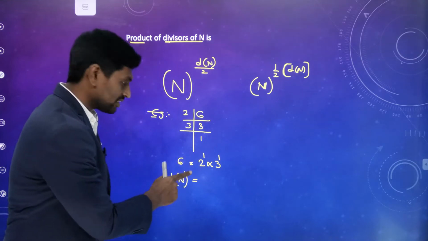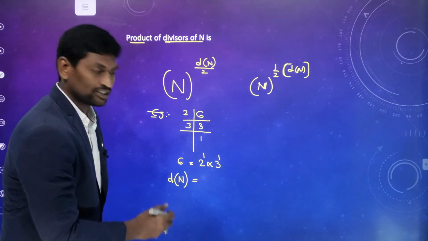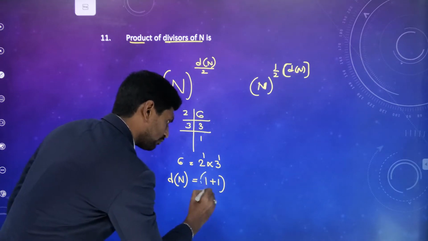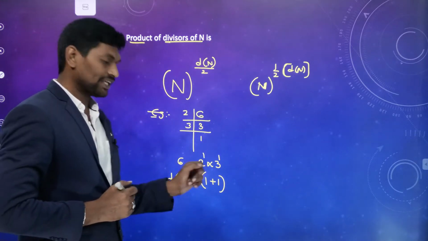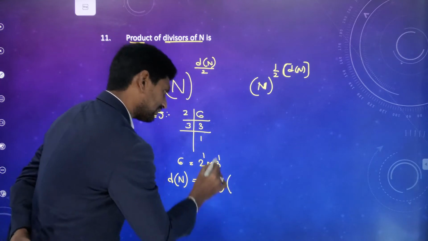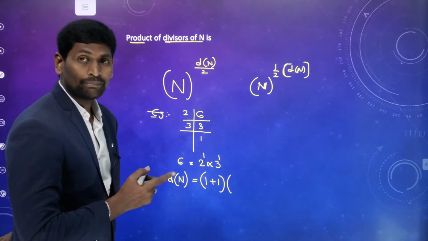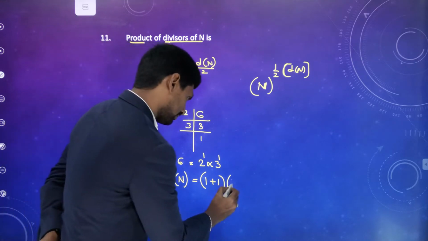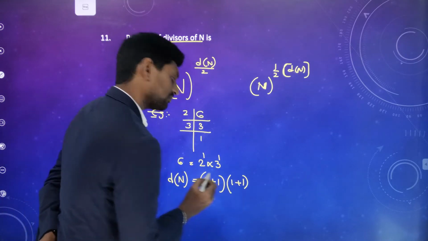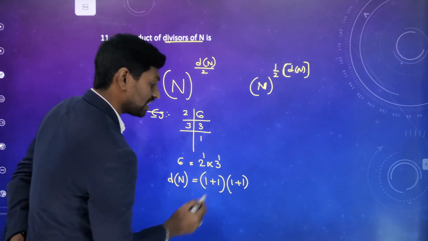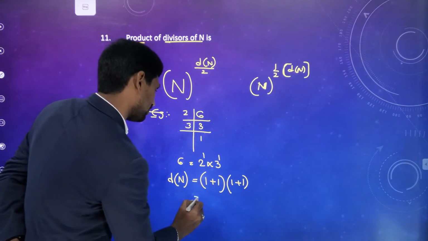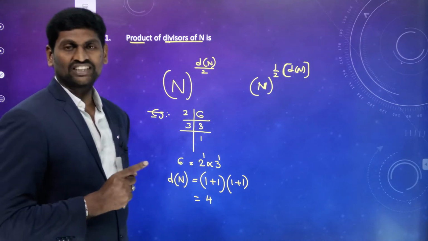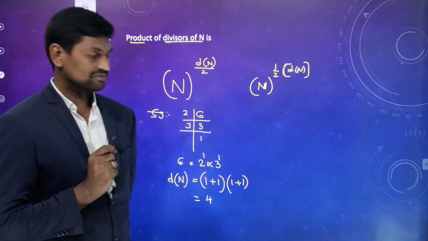The first prime number is 2, with exponent 1, so we add one more 1: 1 plus 1. The second prime number 3 also has exponent 1, so 1 plus 1, 2. Here also 1 plus 1, 2. 2 twos are 4. So there are 4 divisors or factors.